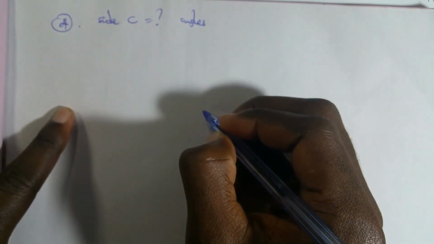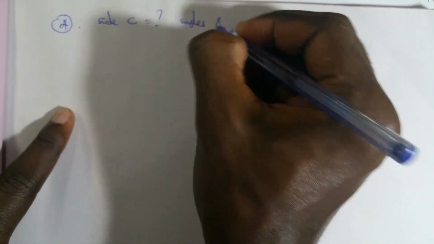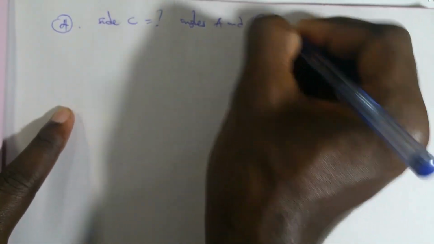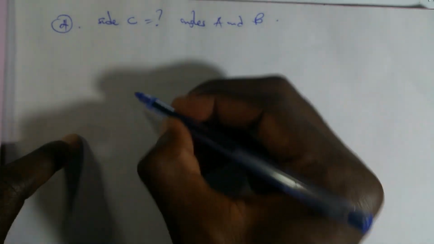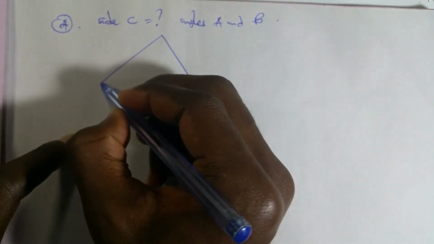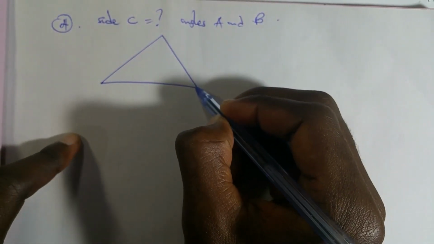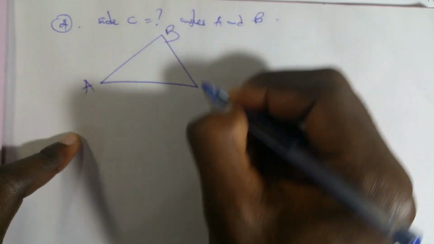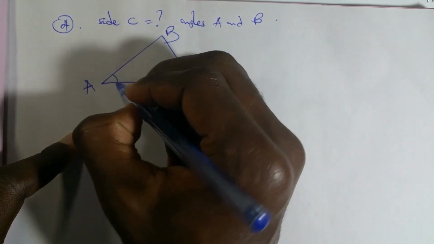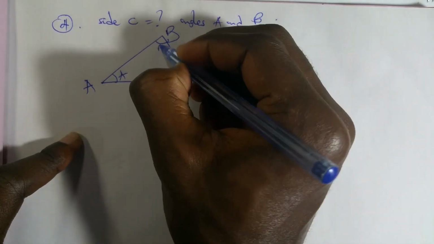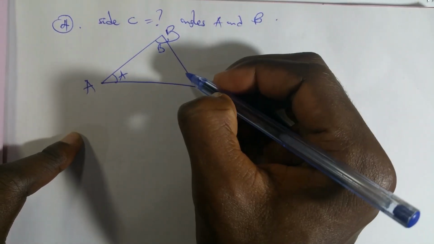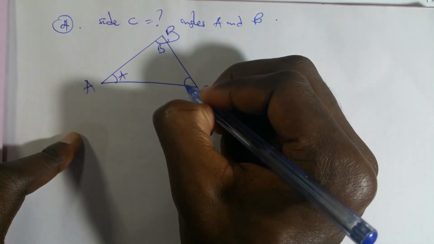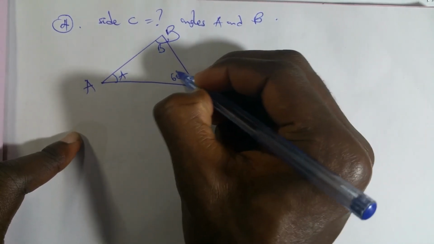Find side C, then angles A and B. Okay, let's draw the triangle, something like that. We've put here A, B, C. Then here is angle A, here is angle B, and here will be angle C, which is 60 degrees.